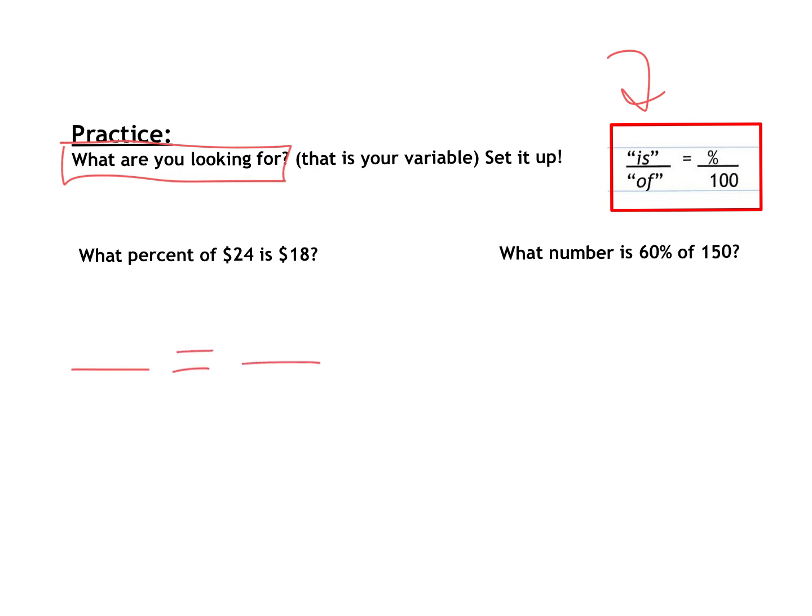Okay, I'm looking for the percent, so that's going to be my variable, and the percent is always over 100. So that's a pretty easy one to set up. We're either given the percent or we're not given the percent, and then it's always over 100. Then I have to decide what's going to go on the top, what's going to go on the bottom.